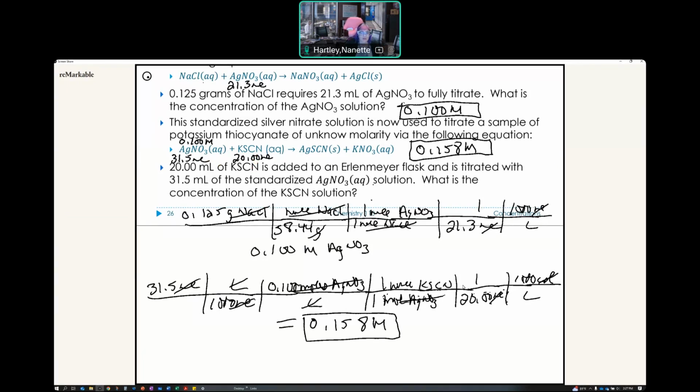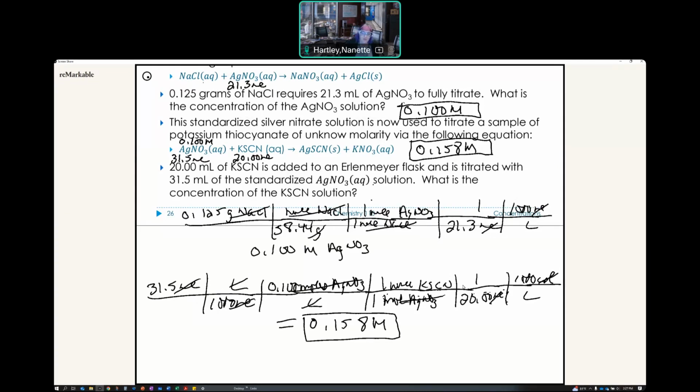Questions, comments, problems on that? Hopefully not. Hopefully you're starting to see the process that we go through each and every time. Get to moles, either grams to moles, or milliliters times molarity to get to moles.